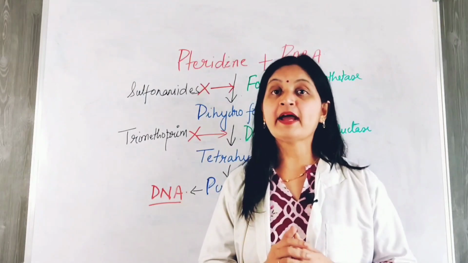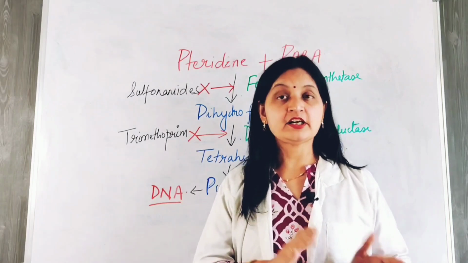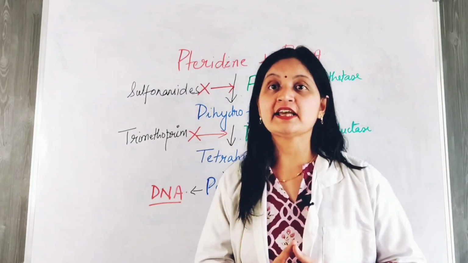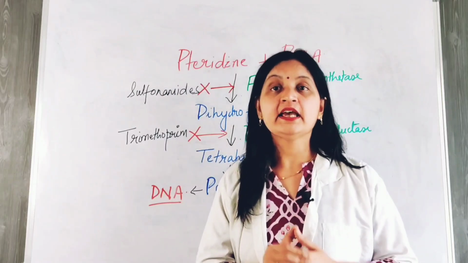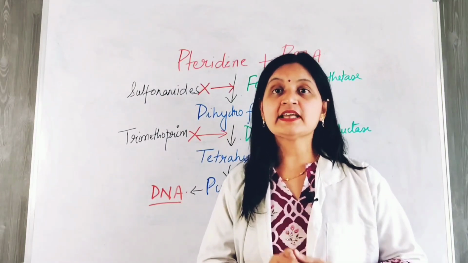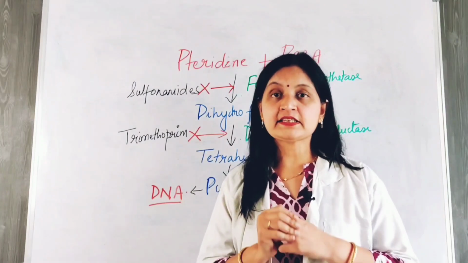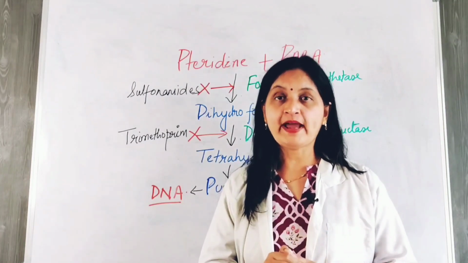And as we know that bacteria cannot utilize the exogenously administered folic acid, it has to synthesize its own proteins with the help of folic acid, which is necessary for protein synthesis, nucleic acid synthesis, for the growth and multiplication of bacteria.